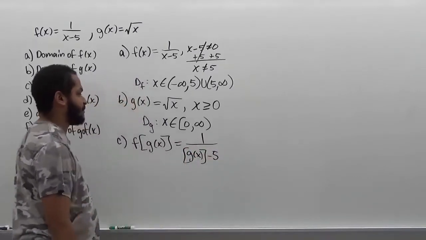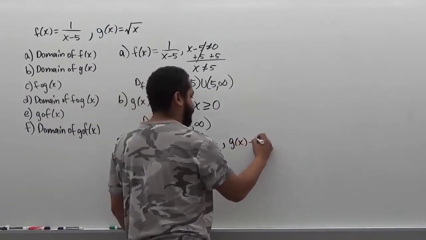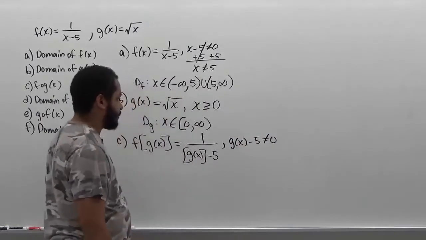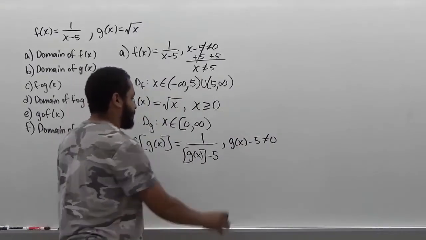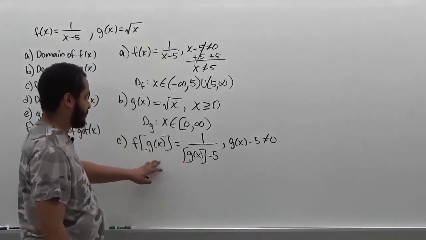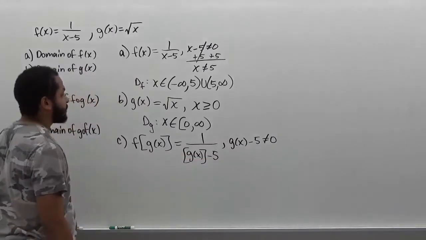And of course, for this function to work, g of x minus 5 cannot be equal to 0. I'm just going to leave this as a stencil while I work out the actual problem using the input of the system, so I can mark all the work that is necessary to complete this.